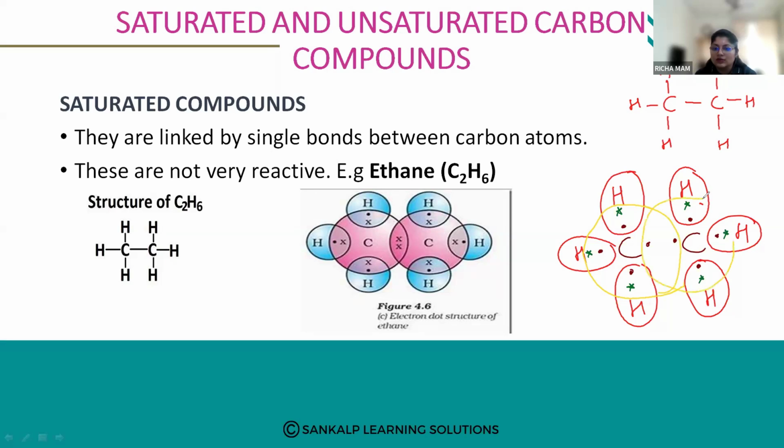Now you can see it properly. Between the carbons one bond, and here one bond each for every hydrogen. So like this.